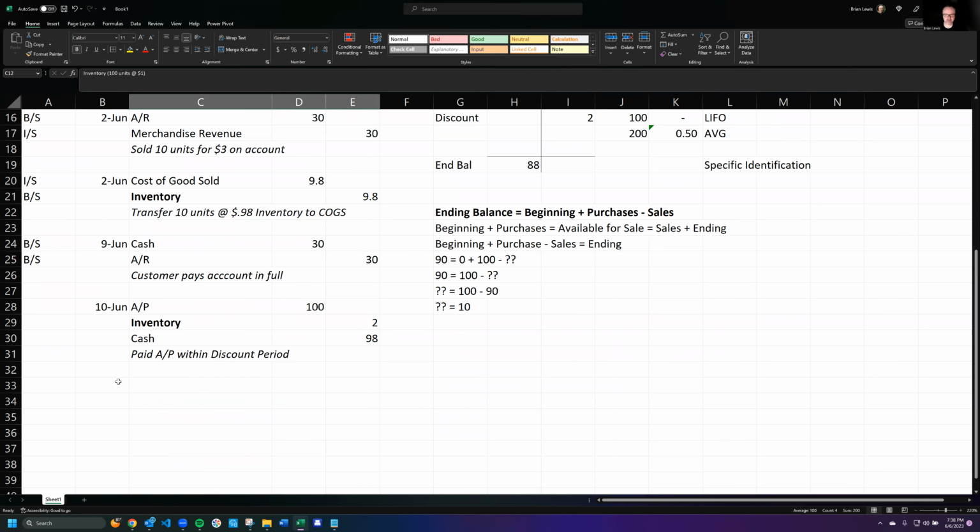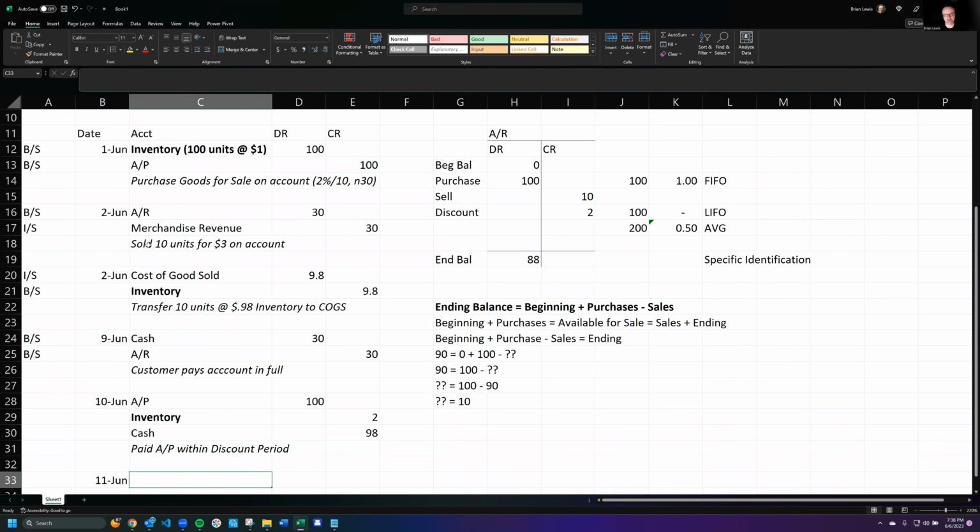So let's say on 6/11, I noticed that there was a bunch of stuff that was defective. I should have figured it out up front. In fact, let's assume that I did that. It's going to change all my numbers, but that's okay. Not really all of them, just some of them.